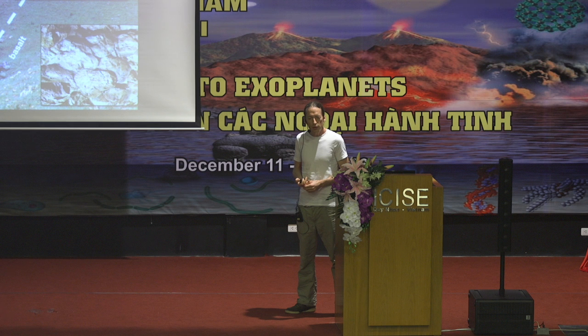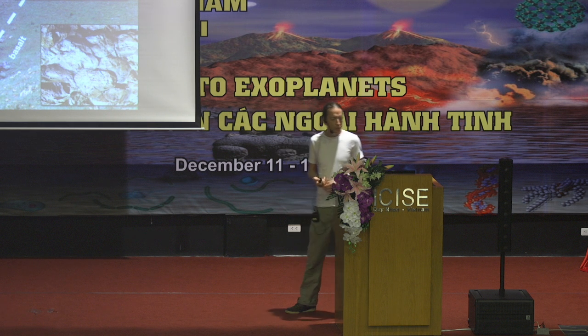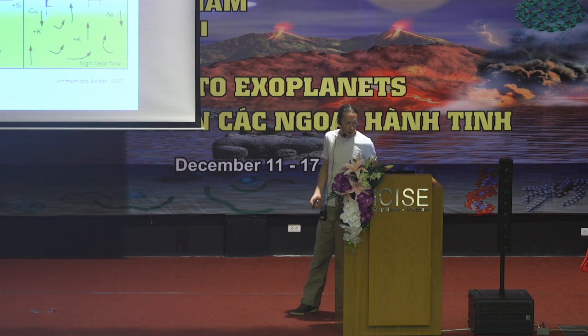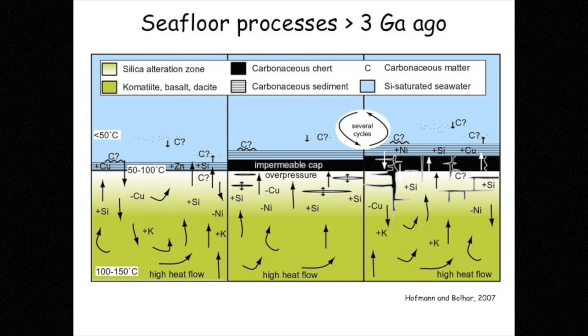These are very early seafloor alteration processes that affected these rocks. A few years ago we came up with a little model trying to explain these processes that are very characteristic for the Paleoarchean record. You don't really find it in the Neo-Archean record only, but whenever you go to places like Barberton, to the Pilbara, to India, also to Isua, you see this very strong imprint of silicification.